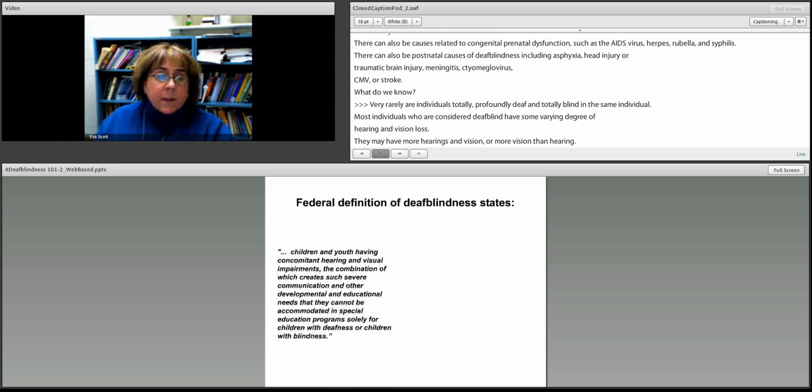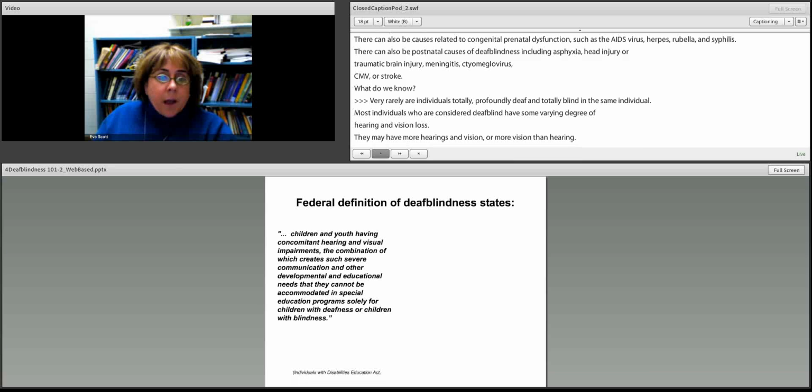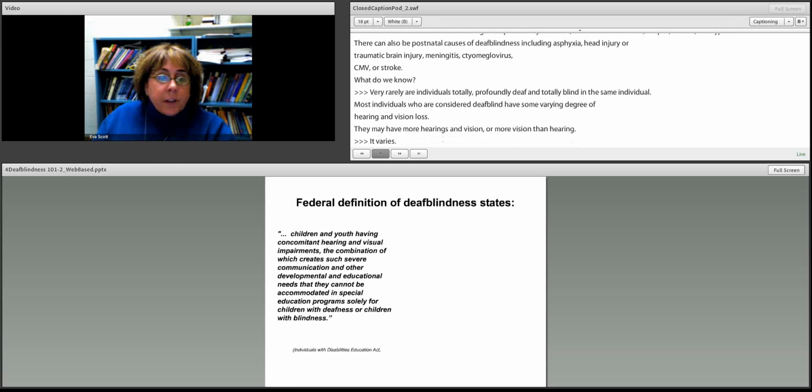And once again, the federal definition states that children and youth having concomitant hearing and vision impairments, the combination of which creates such a severe communication and developmental and educational need that they cannot be accommodated in special education programs solely for children with deafness or for children with blindness.